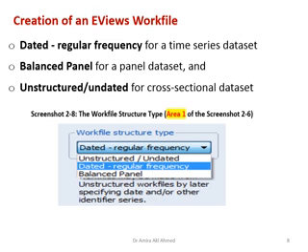Area 1 of the Work File Create dialog box has a drop-down menu as shown by the screenshot 2.8. The user chooses between three options, namely the dated regular frequency, the unstructured undated, and the balanced panel settings.